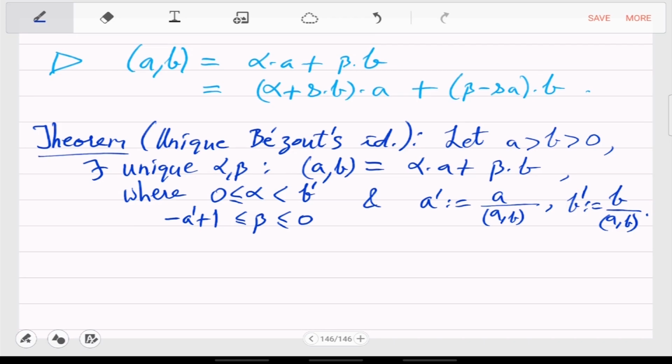Okay, so it's this cross relationship. You impose alpha to be smaller than B and beta to be smaller than A. And then you can show that they exist and they exist uniquely. Okay, this you can try, we will finish it next time. Any questions?